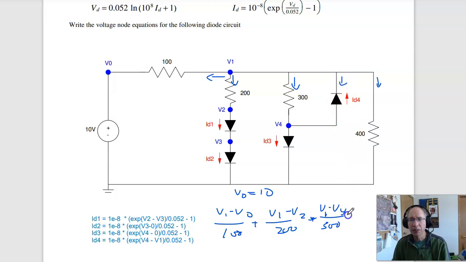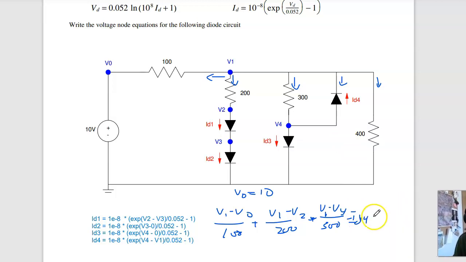That current is minus ID4. Minus ID4, plus V1 over 400, equals 0. That's that equation.